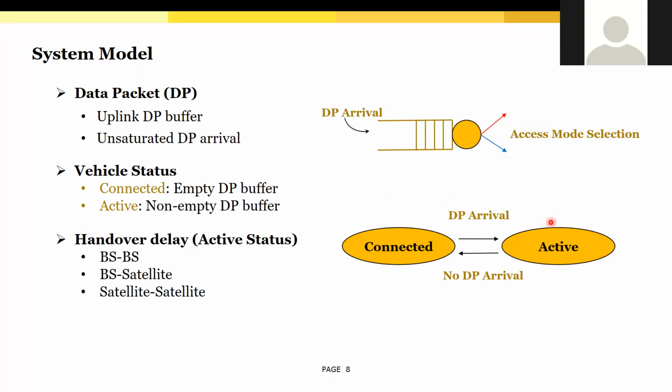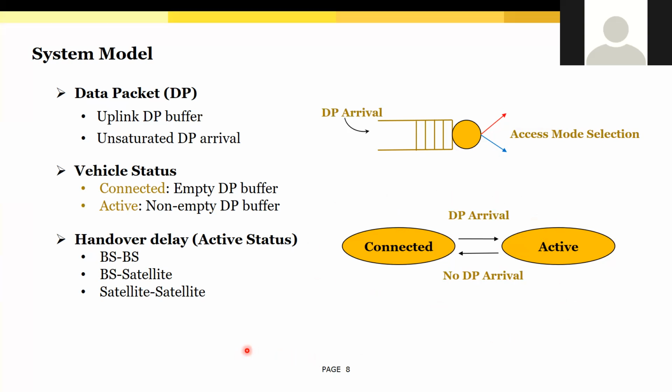As mentioned in the 3GPP standard, the vehicle is in connected status if the uplink buffer is empty, and the vehicle will be active if the uplink is not empty. So the vehicle status will be determined by the DP arrival.